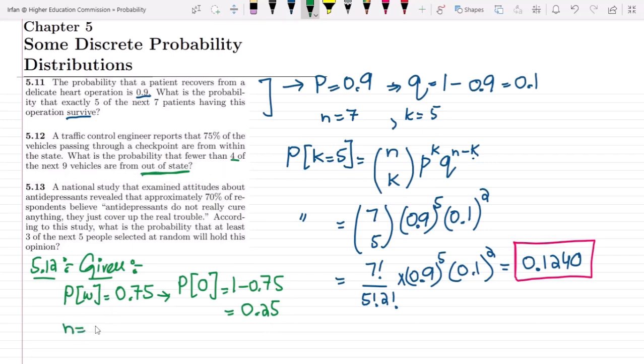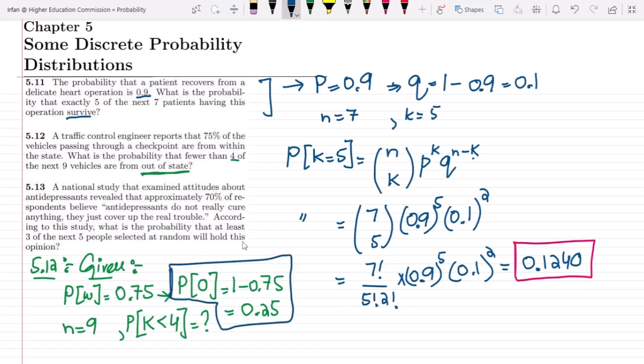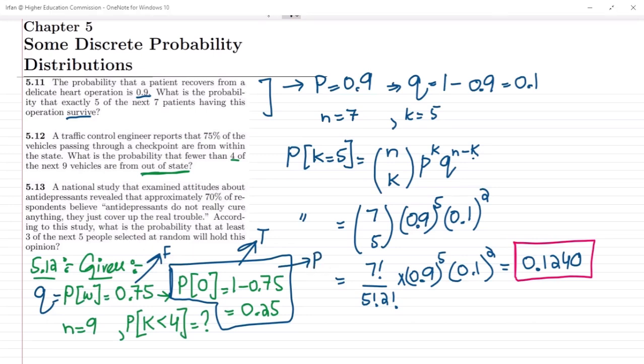Here n is 9, and we have to find the probability that k is less than 4. This is the probability for true, and this is for false, meaning this is q here and this is p.